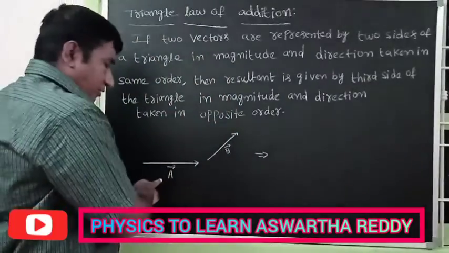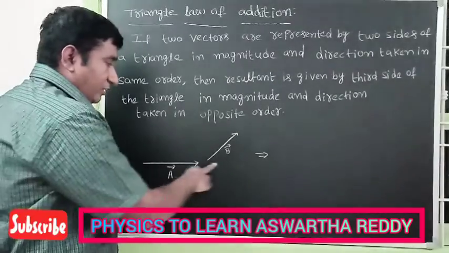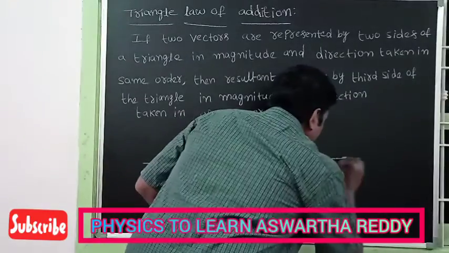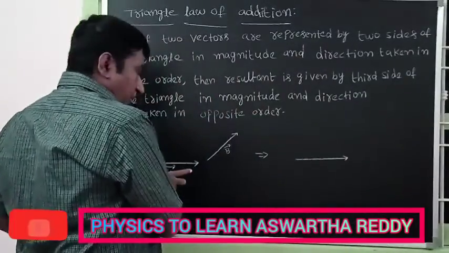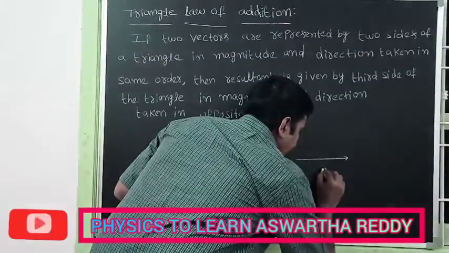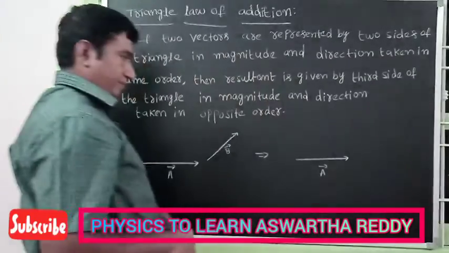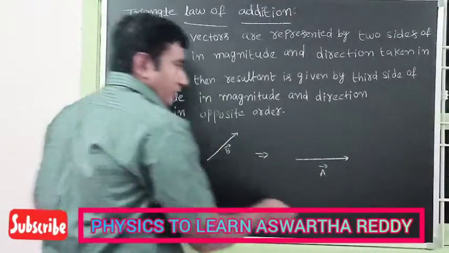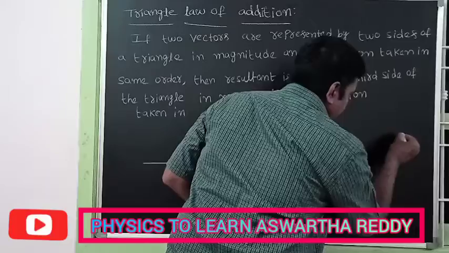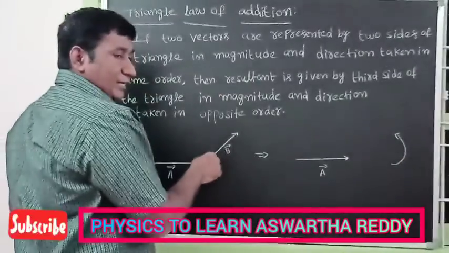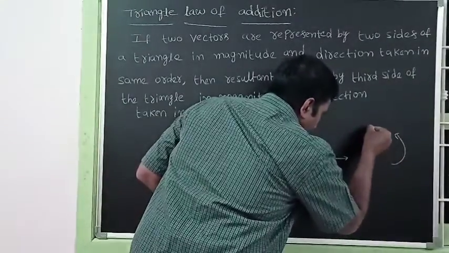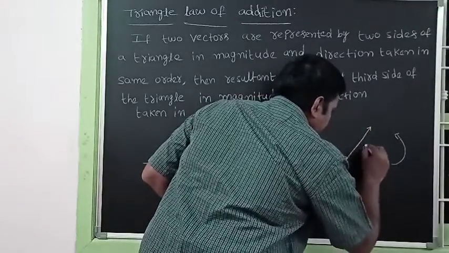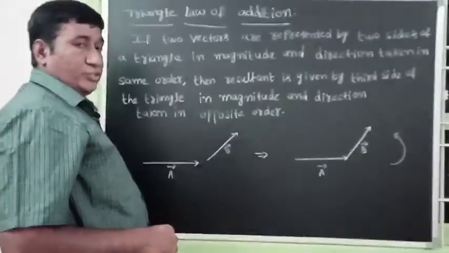First I take the a vector, without changing its magnitude and direction. Next the b vector in the same order, moving in this direction, making a certain angle, so I join it like this. That is nothing but the b vector.